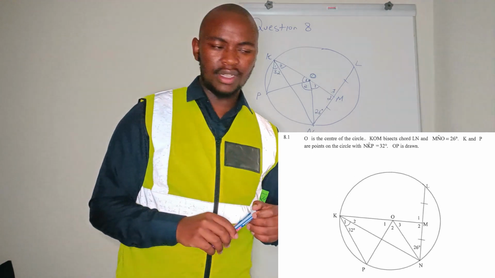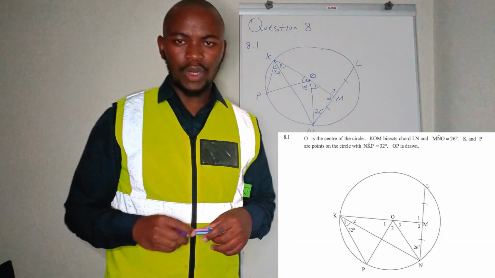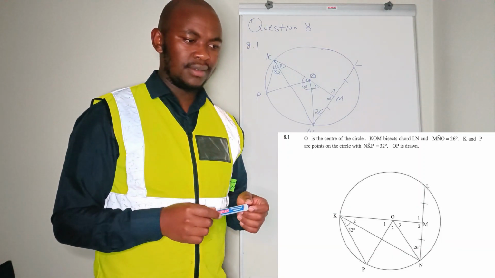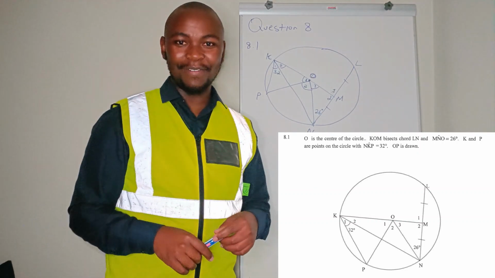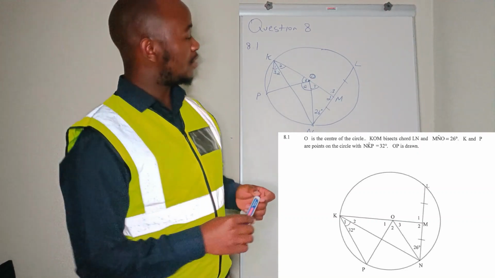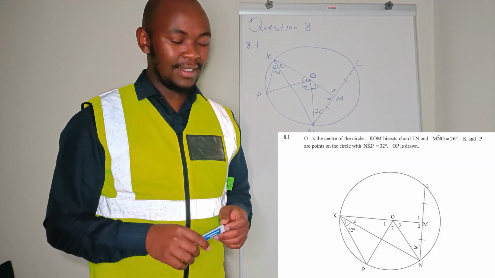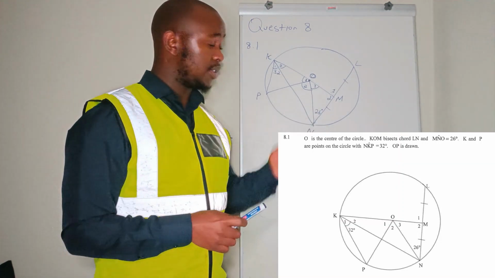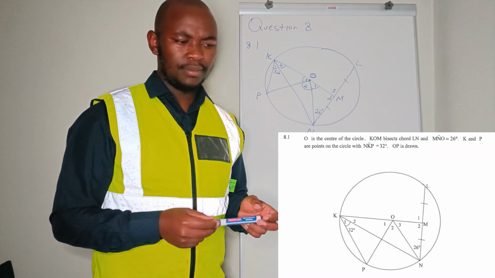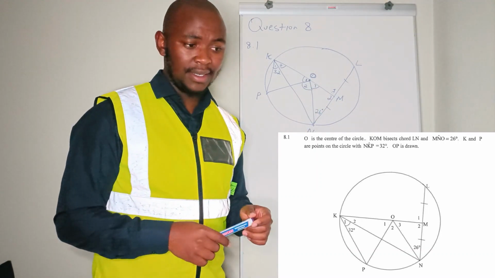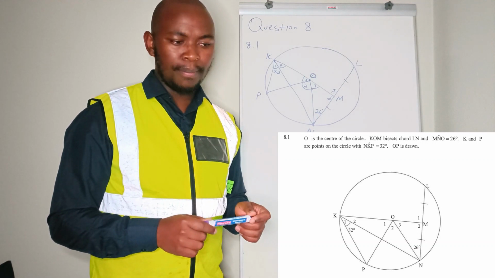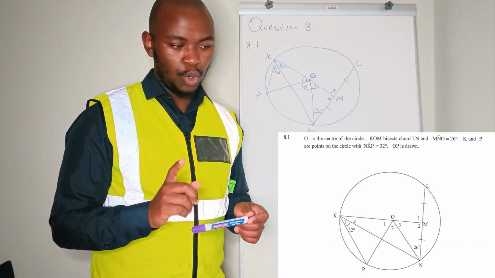So let's have a look at the question. Question 8.1 is giving us a statement, and we're seeing a diagram that I'll try to roughly draw here. So please don't mind my scaling. Hopefully you get the gist of what is going on here. So O is the center of the circle, and KOM bisects chord LN.